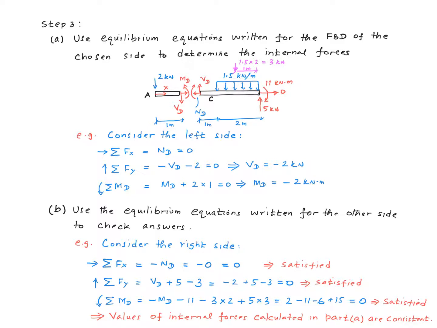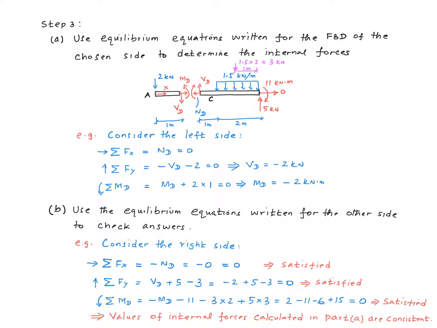For example, in the first step right here, I'm summing up the forces in the horizontal direction, right? So if I were to use the value for N_D that I got in part A, which is 0, it should sum up to 0, and it does. And therefore, my equilibrium equation for the right side is satisfied using the values I got in part A. And similarly, in this line right here, you're summing up the forces in the vertical direction, right?